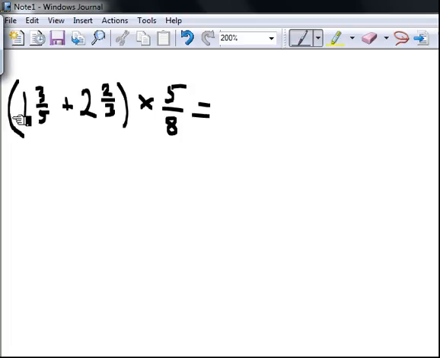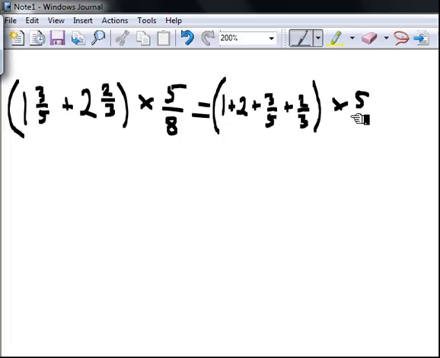So we're just gonna write everything here, still within brackets. 1 plus 2, count the wholes first, 1 plus 2, and then plus 3/5 plus 2/3. And then write this out again, times 5 over 8.